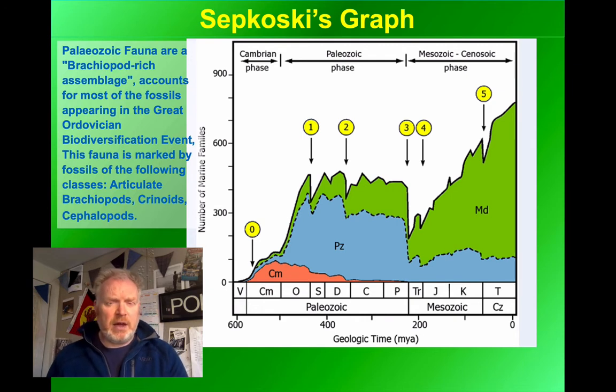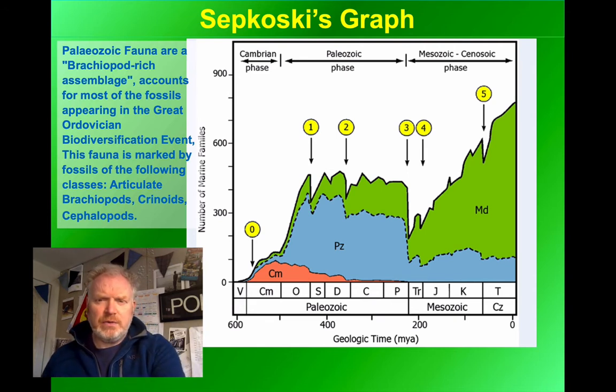Bigger scale than the one that happened during the Cambrian, but one that perhaps gets a little overlooked because it was a development of life that already existed. We see the articulate brachiopods, most brachiopods appeared at this time, cephalopods as well.